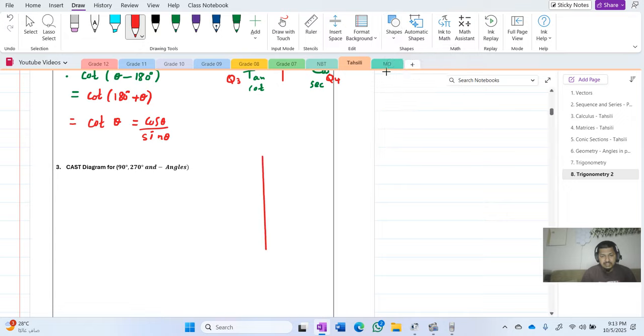So a similar thing happens like this, right? So 90 and 270, 90 degrees is here and 270 degrees there, right? When we have 90 and 270, how do we reduce?